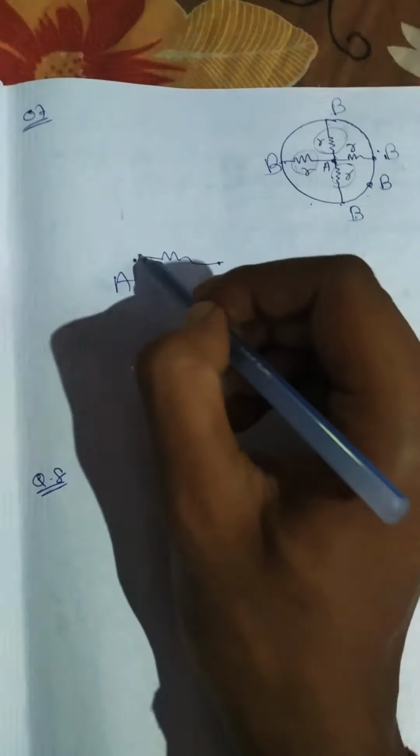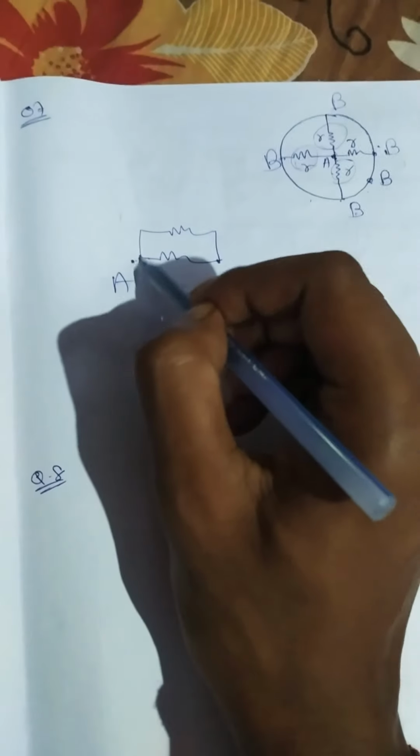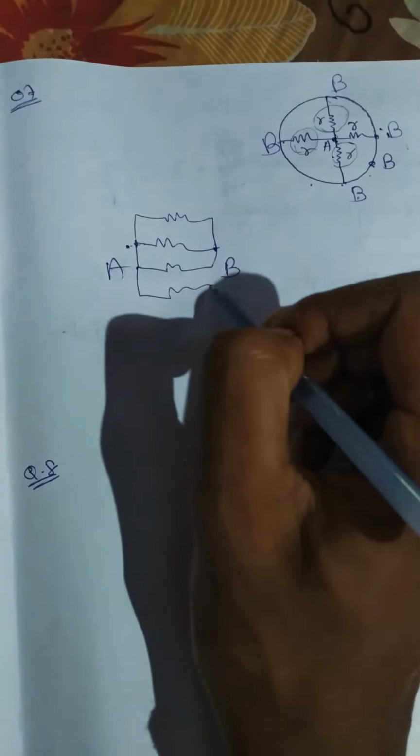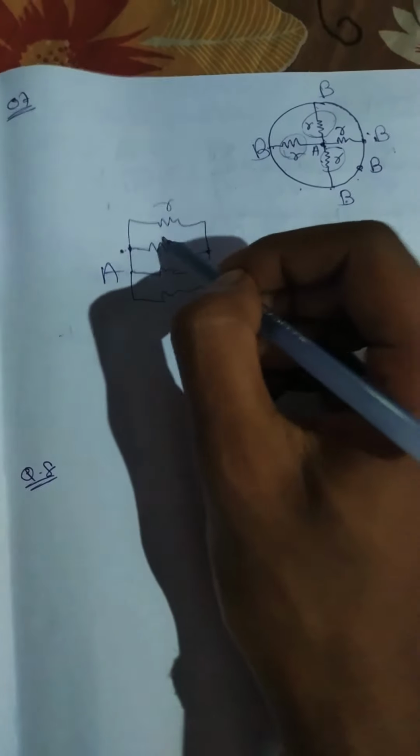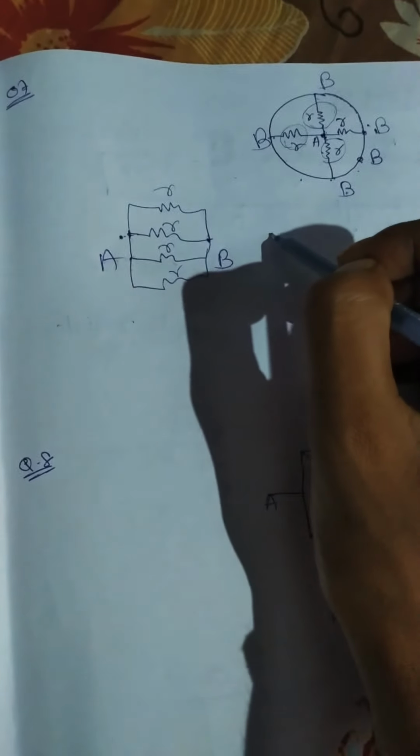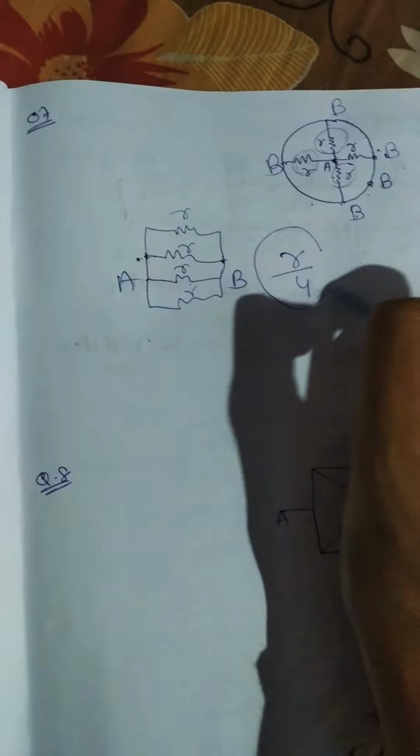So four resistors are connected between A and B, which means these are all in parallel. So the equivalent resistance is R by 4.